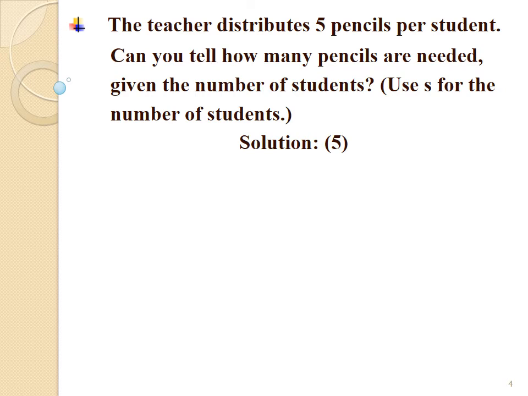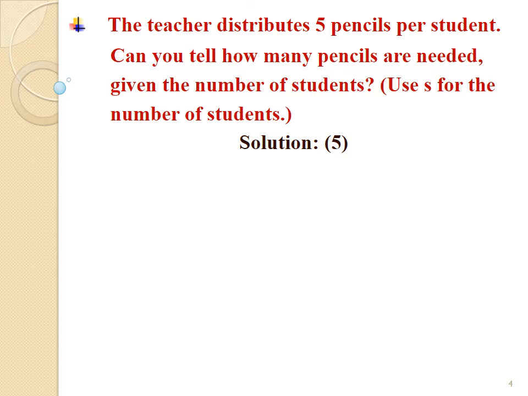Now, sum number 5. The teacher distributes 5 pencils per student. Can you tell how many pencils are needed, given the number of students? Use S for the number of students. Students, read the question, understand it, and generalize the rule.